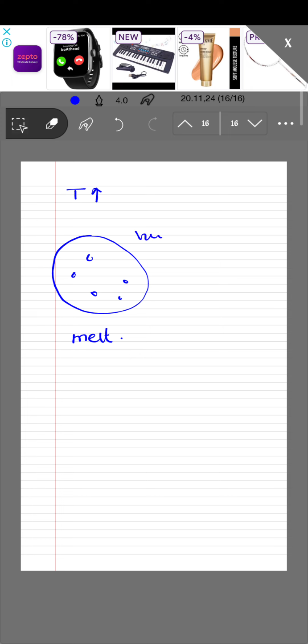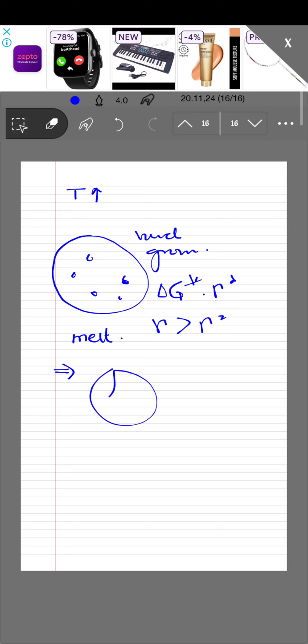So there is a nucleation and growth process taking place, and there is an involvement of Gibbs free energy, and there is an effective Gibbs free energy. Corresponding to that, we have an effective radius. So if the radius of the crystallite is more than r star, then the grains grow. Otherwise, the small crystallites dissolve, and this ultimately leads to the grain structure. Now, in this grain structure, if we keep on increasing the temperature, the grains start to grow.